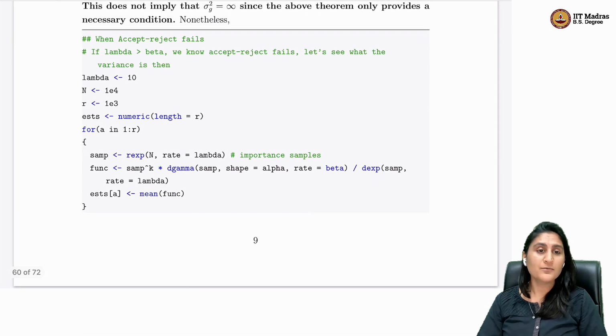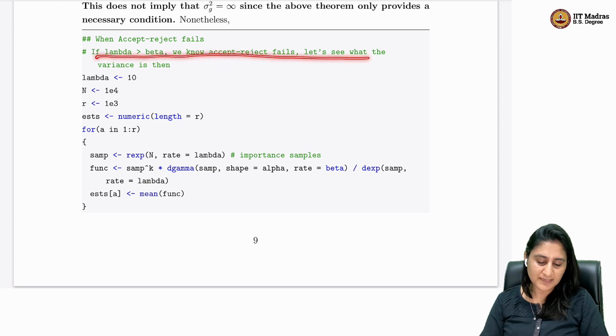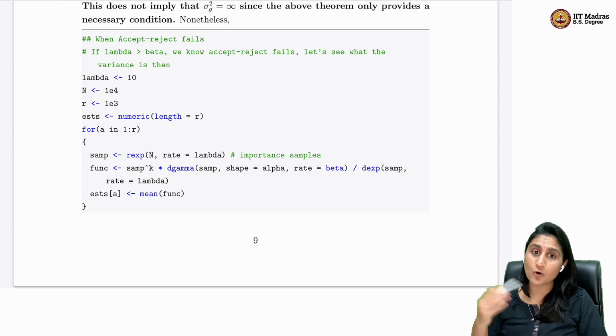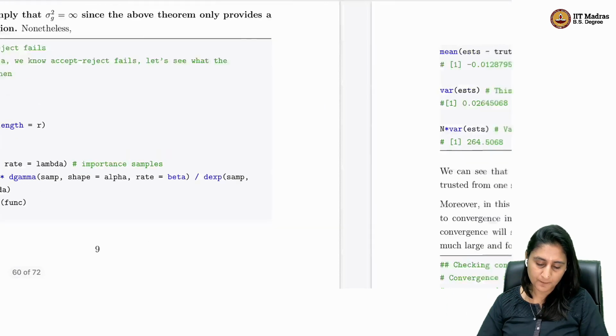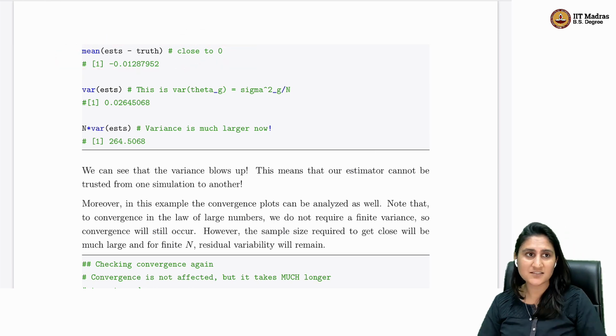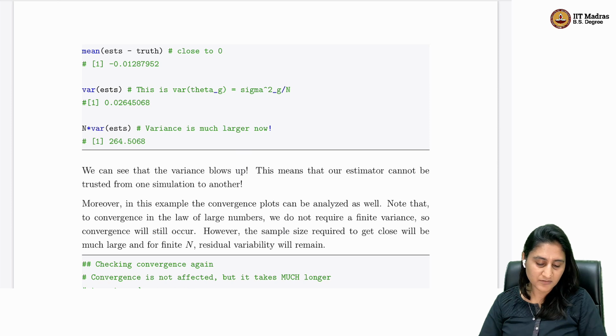So now we look at when accept reject fails. Lambda is greater than beta, we know accept reject fails. Let's see what the variance is there. Lambda is 10. I repeat this whole process of generating all of these theta hats. The mean of the S minus the truth, if it's unbiased, should be close to 0, and I get minus 0.013.